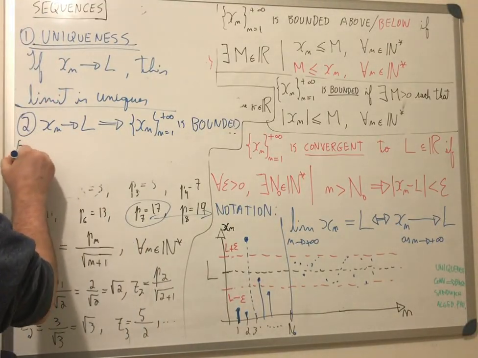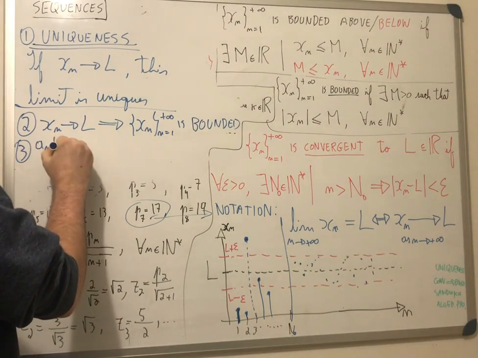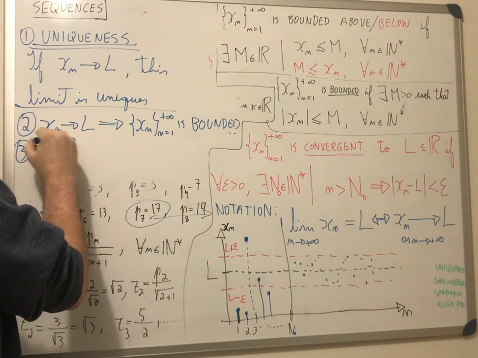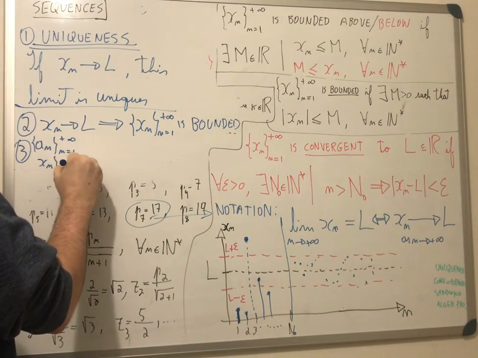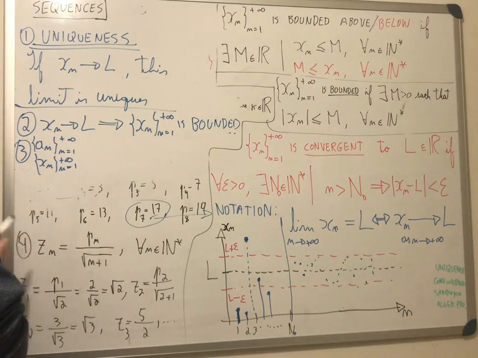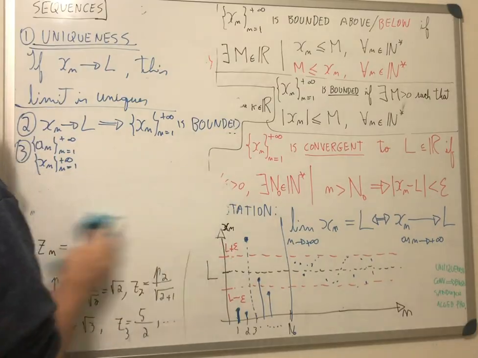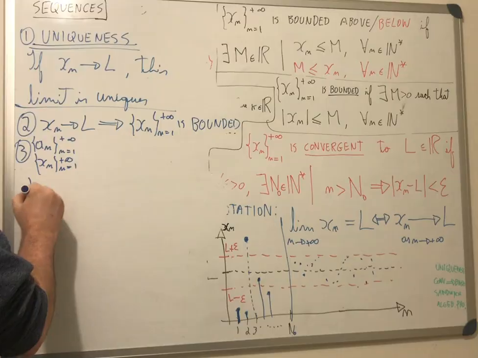Third one, it's an interesting one. Suppose you have three sequences, an, xn, and let's say some bn here.